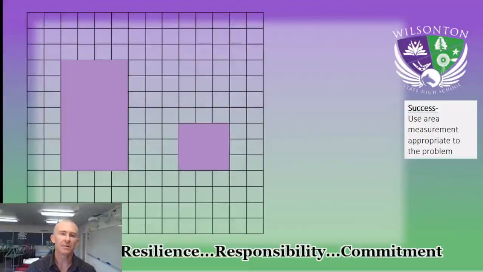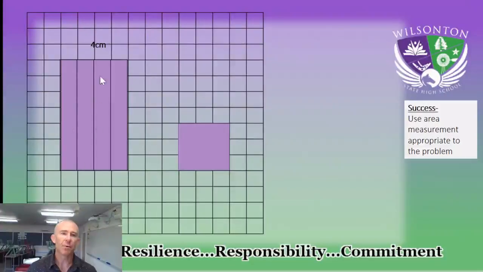Okay, let's look at this first rectangle here on the left hand side. We can't count the actual individual square centimetres because the shape is in front of it, but what we can work out is the width and the height. So if we count across, we have 1, 2, 3, 4. That means it's 4 centimetres across, and there's actually 4 columns.